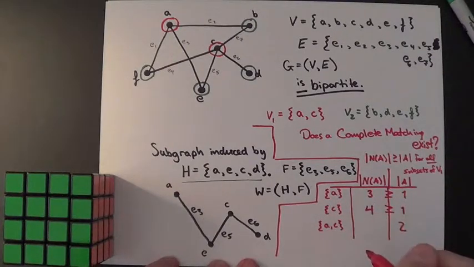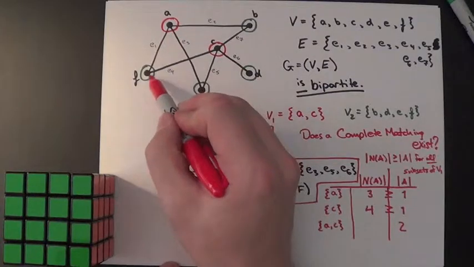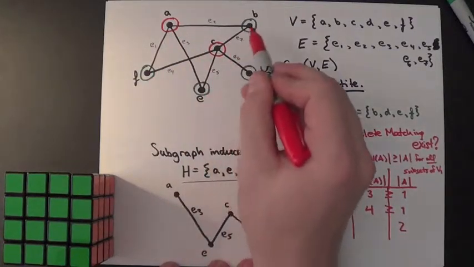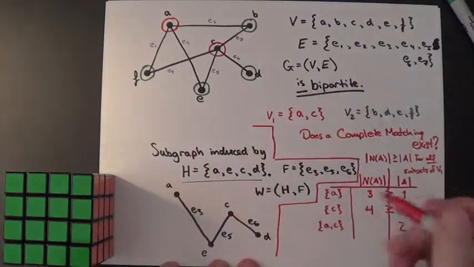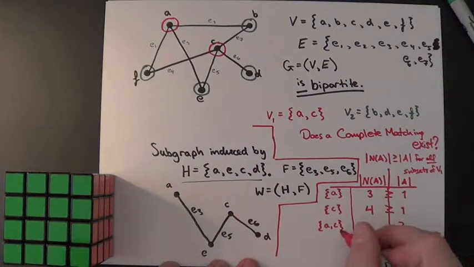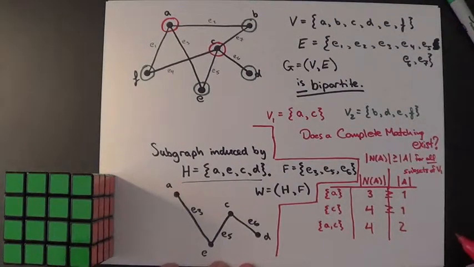Now, A and C combined, we've got A has F, E, and B. C is connected to everything else. So, cardinality of the set of all neighbors of A and C is 4 as well. 4 is greater than or equal to 2.